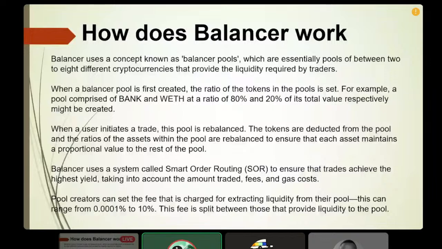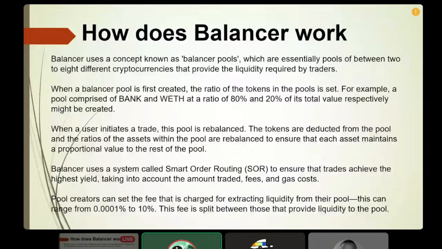So if you have a higher percentage of wrapped Ethereum as compared to bank, you would not be having a lot of BAL rewards. The BAL rewards you receive is low because the pool is not balanced. To balance the pool, you need a higher percentage of a lesser weight token as compared to a lesser percentage of a higher weight cryptocurrency.